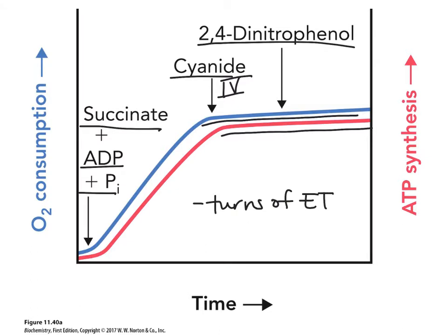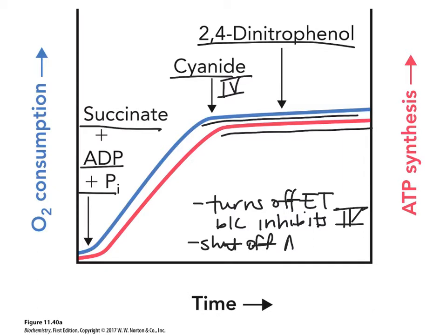So it turns off electron transport because it inhibits complex 4. And then in turn it will shut off ATP synthesis, because if you remember, complex 4 pumps protons out. It pumps 4 protons out.